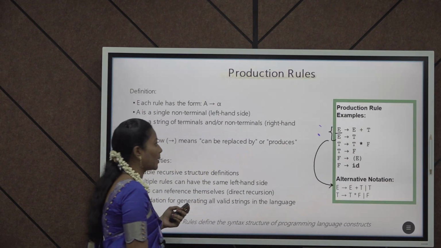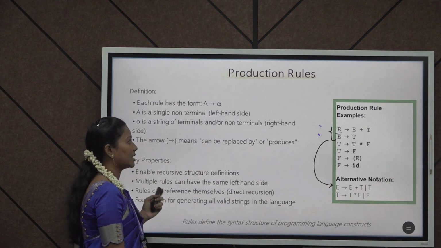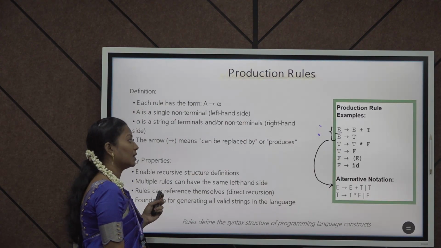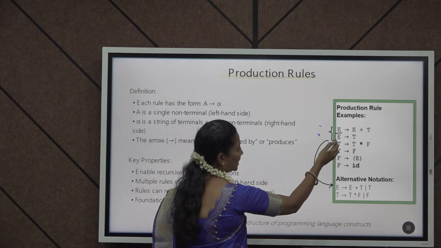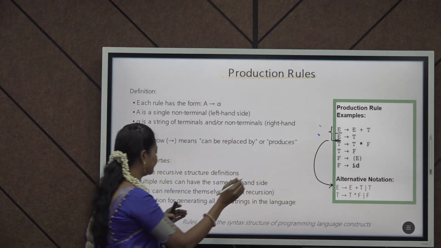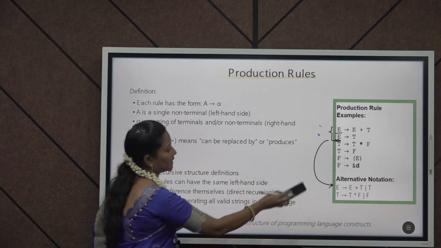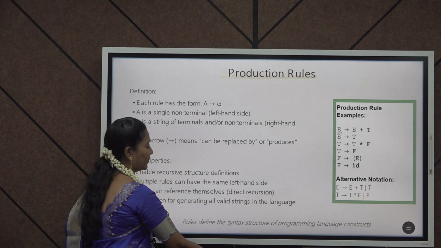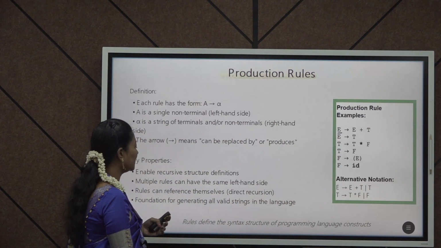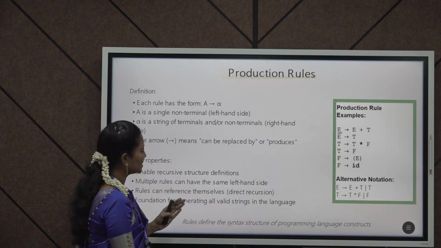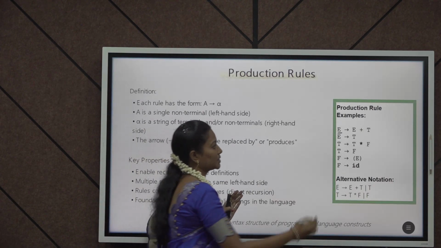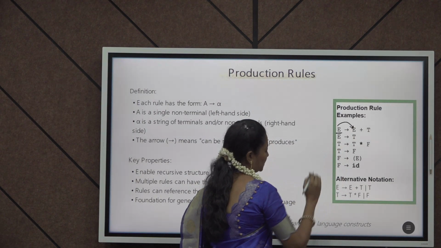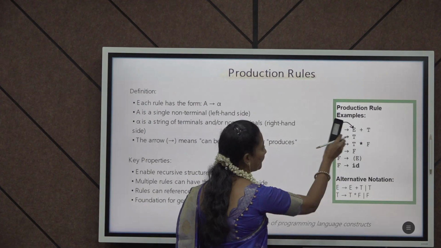These are the properties of production rules. They enable recursive structure definitions, multiple rules can have the same non-terminal on the left hand side, and rules can reference themselves, that is recursion. Here E refers to E, so that is recursion.